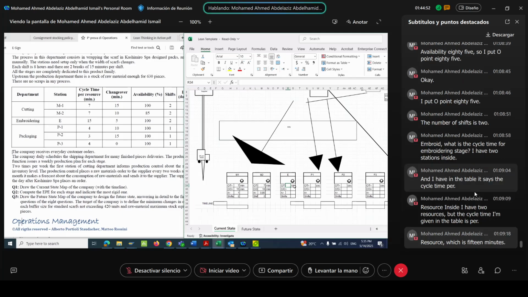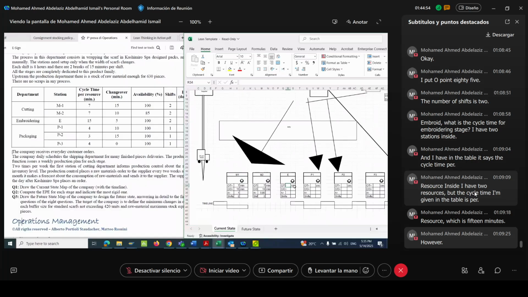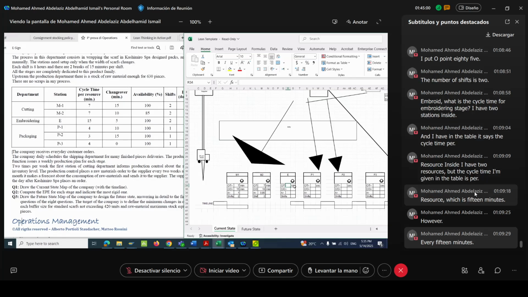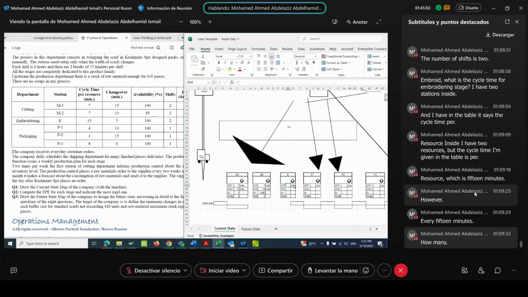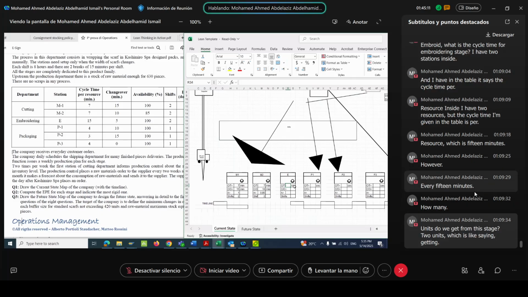However, every 15 minutes, how many units do we get from this stage? 2 units, which is like saying getting 1 every 7.5 minutes.